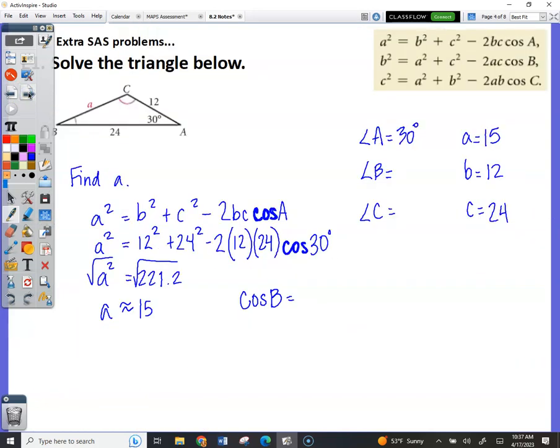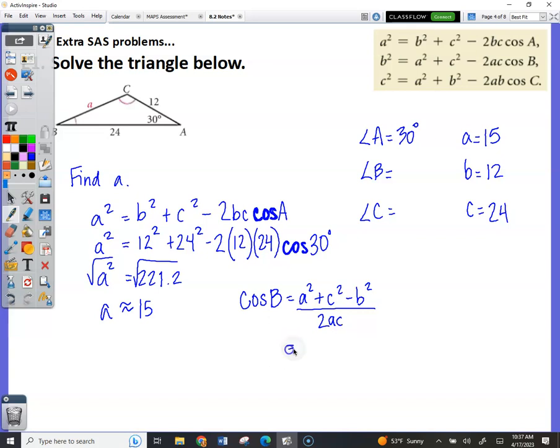C squared, thank you, minus B squared. I always remember that the one at the end is the one I'm finding.